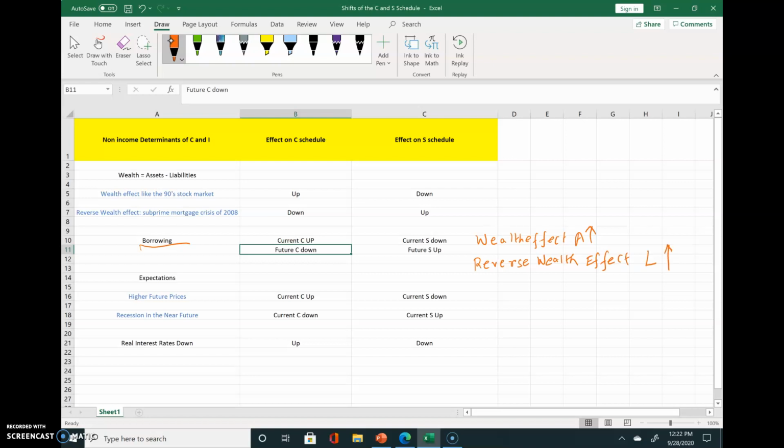So in the future you would see the consumption going down and savings going up.